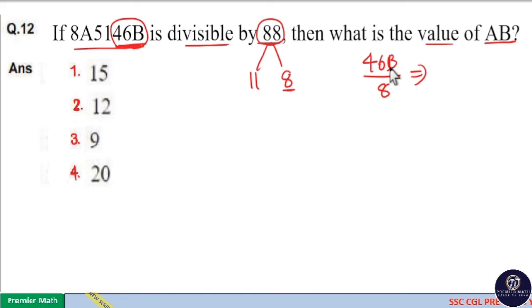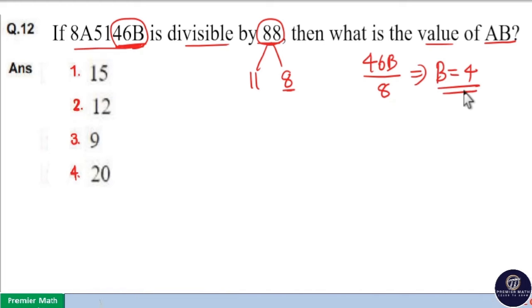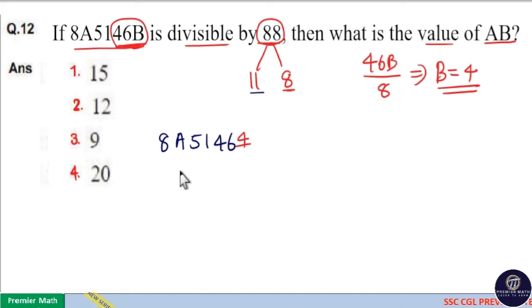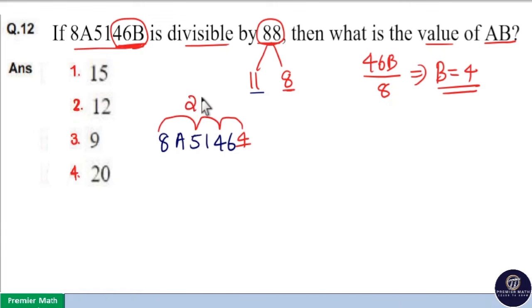So 8 goes 8 times in 64, which means here B is definitely 4. Now check the divisibility rule of 11. Write the number 8A5146. Here B is equal to 4 here. Now take the odd place sum and even place sum. Odd place sum is 4 plus 4, 8. 8 plus 5, 13. 13 plus 8 is equal to 21.